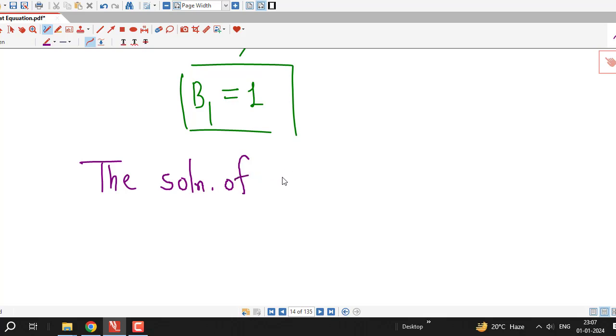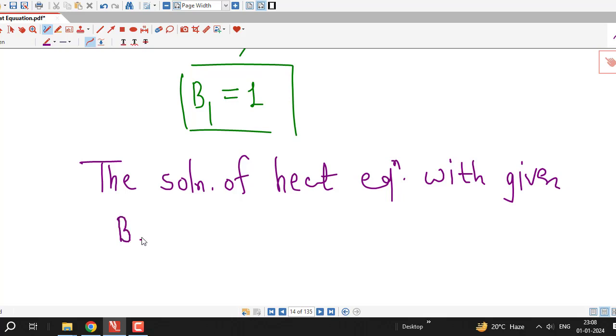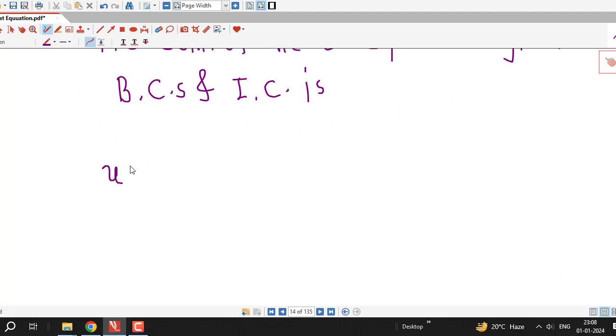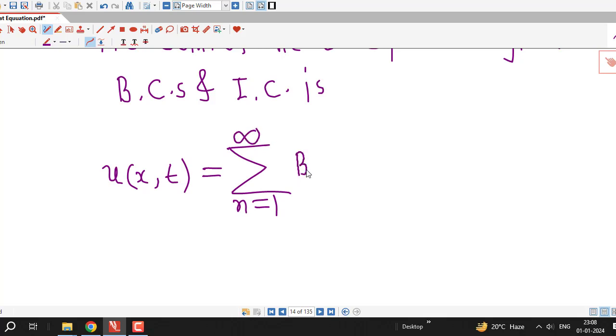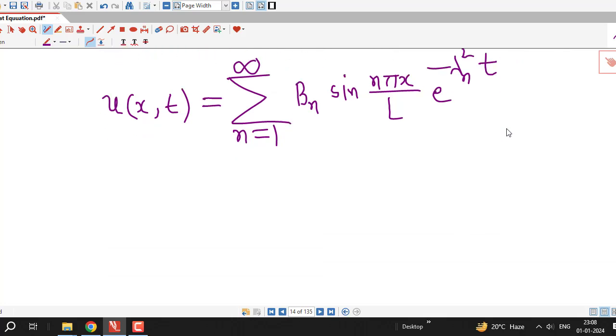The solution of the heat equation with the given boundary conditions and initial condition is, so we are writing the formula u(x,t) equal to sigma n equal to 1 to infinity bn sine of n pi x over L times e to the power minus lambda n square times t.